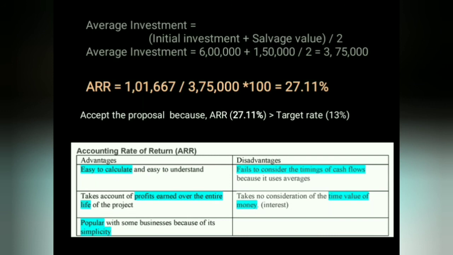Because the value of money depreciates, and when it depreciates, it cannot give an accurate present value. Another disadvantage is that it takes no consideration of the time value of money or interest, which we have just discussed. These are the advantages and disadvantages of the ARR method. Thank you.